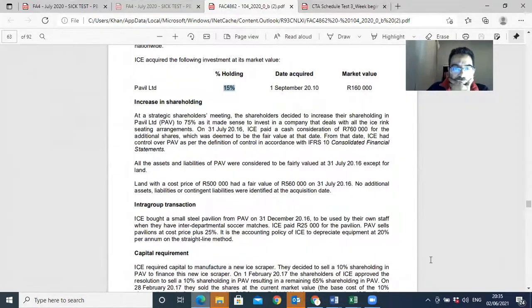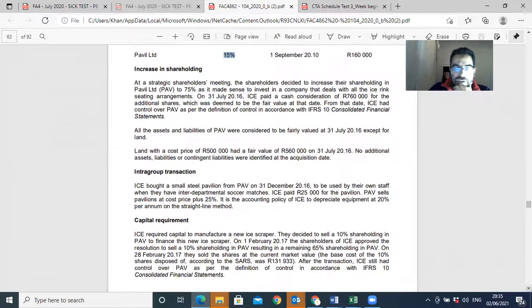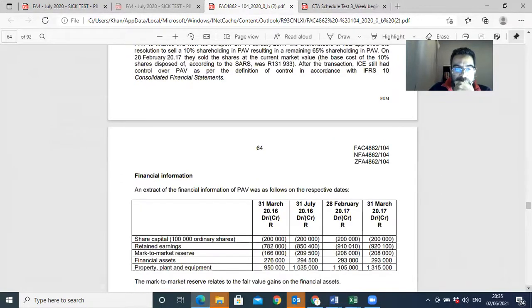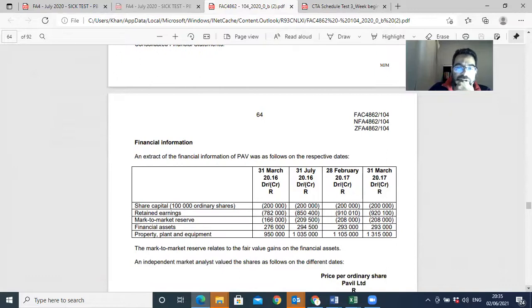Now, do they give us income statements? Okay, yeah, they're giving it to us. So on 31 July, you have the financial information: an extract of the financial information of PAV was as follows on the respective dates. Here you can see on 31 July 2016, we have ordinary equity, retained income, and mark-to-market reserve.